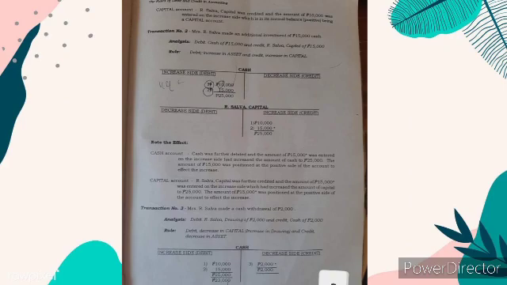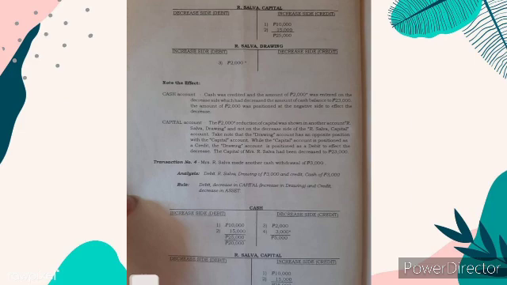And now let's proceed to the transaction number 3. We will know what is the term of the negative side or the decrease side. So that term is called drawing. Increase in drawing. Drawing means the effect of the decrease of the amount.